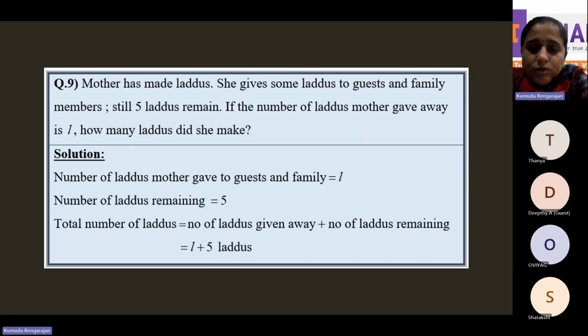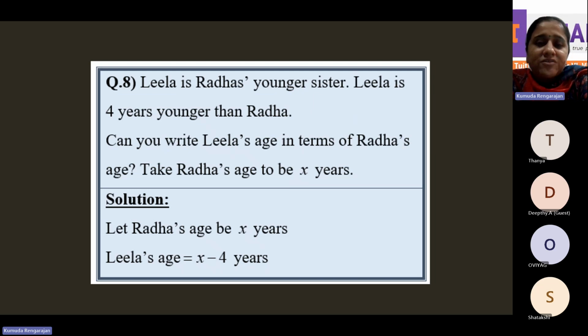What you would have observed is, in all these situations, we are using a combination of a constant and a variable to express a particular situation. In x minus 4, x is a variable; it can take any value. X here represents Radha's age, which can be 10 years, 12 years, 14 years. 4 is a constant, and the mathematical operation is the minus sign, subtraction.